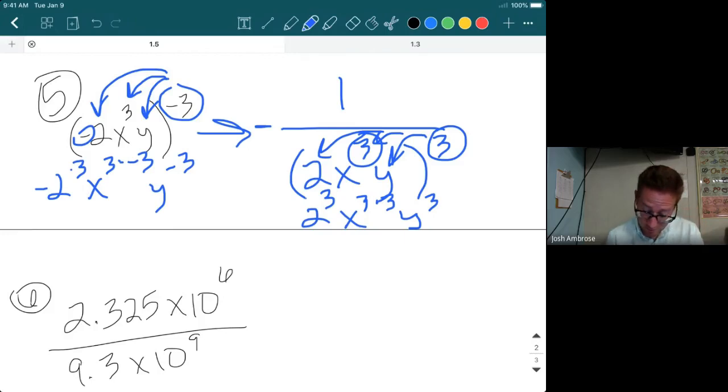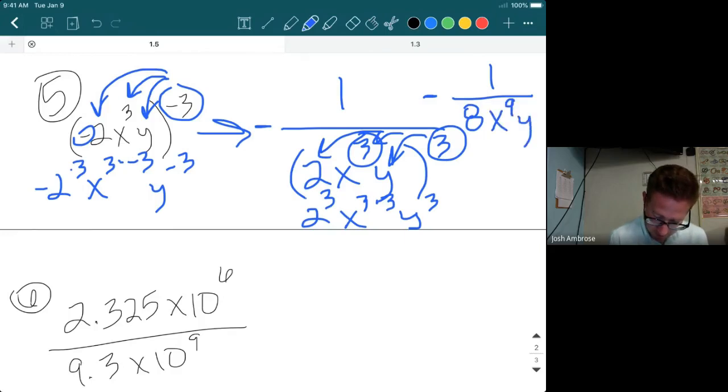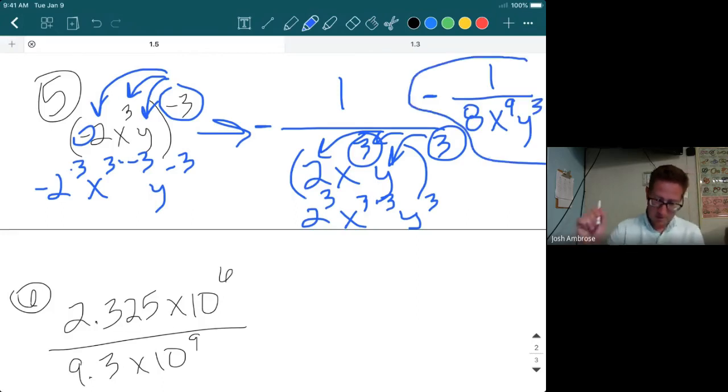So I know we're crunched on space here, so let's see if we can fit it as 1 over, negative sign right there. 2 to the third power is 2 times 2 times 2, that's 8. Then 3 times 3, you're looking at x to the 9, y to the third. So we have our answer right there.